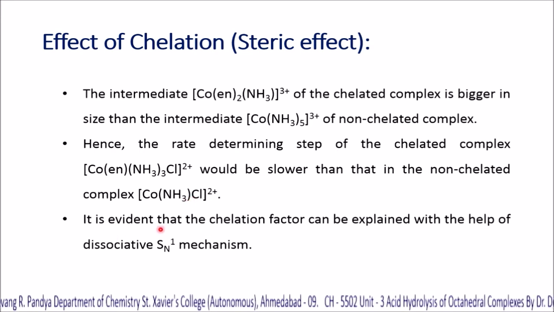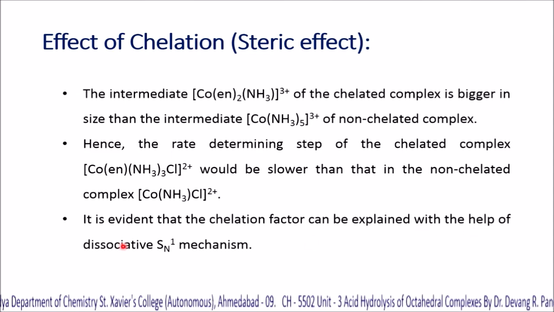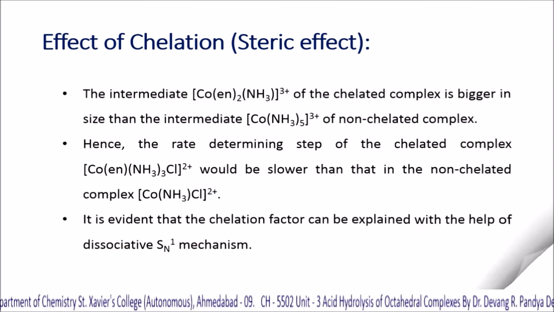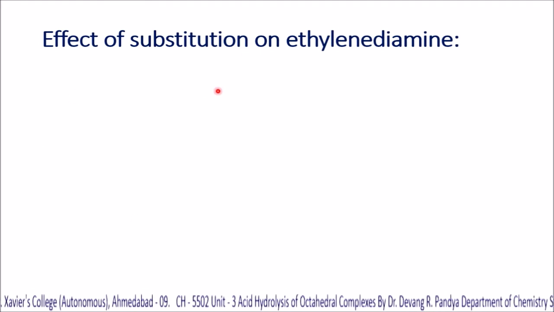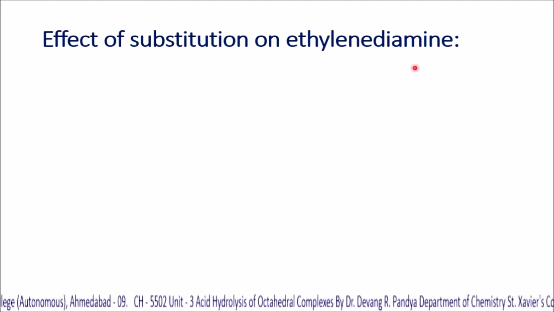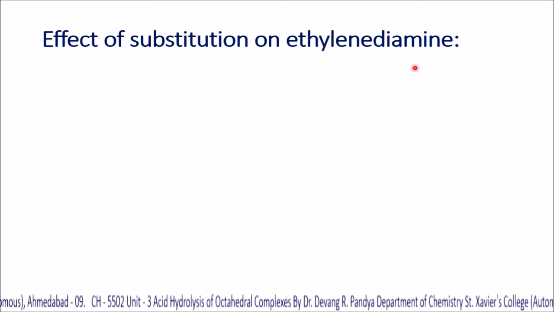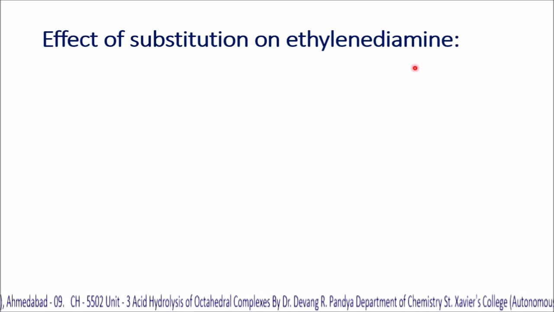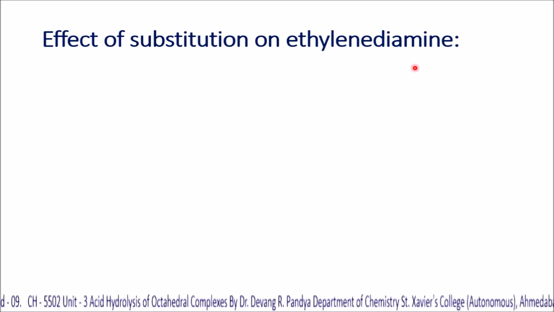It is equivalent that the chelation factors can be explained with the help of the dissociative SN1 mechanism. So this chelation theory also facilitates the SN1 mechanism as well. Now, effect of substitution on ethylene diamine. If chelation is there, but even in the chelation, the hydrogen of the ethylene group of ethylene diamine is substituted by another, more bulky group that remains closer to the central metal ion.